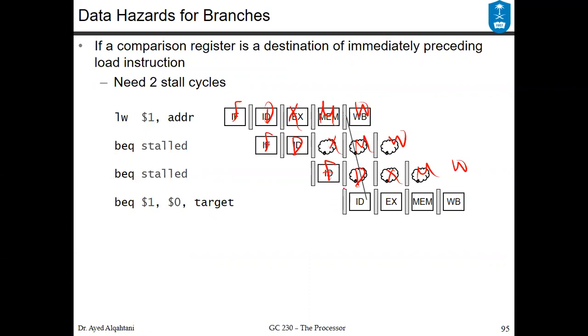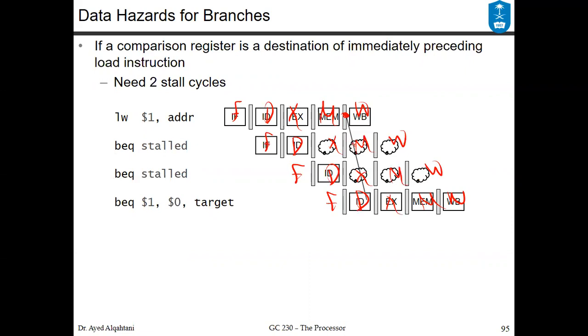Sorry, this one is written incorrectly. This is fetch, decode, execute, memory, and write back, and then fetch, decode, execute, memory, and write back. So what happens? The load will have its value here. When can you supply it to the decode?